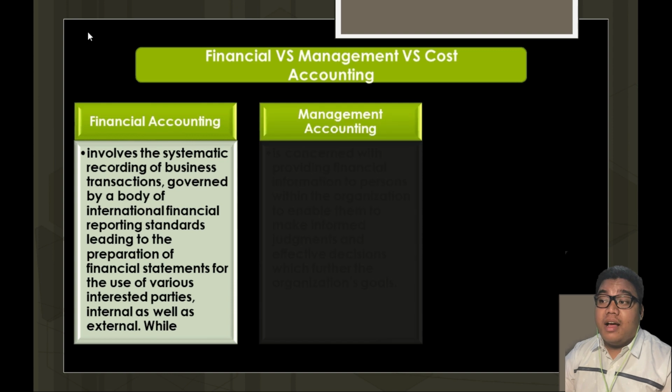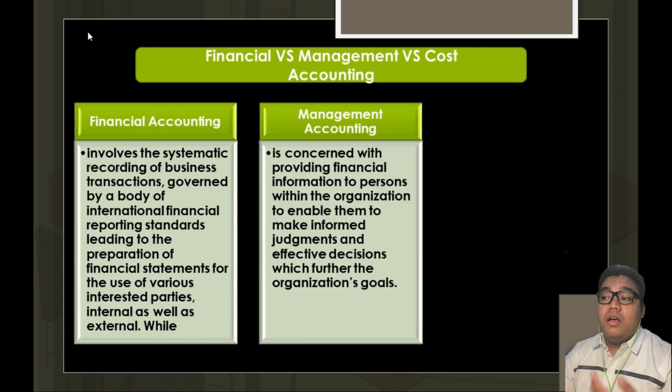While management accounting is concerned with providing financial information to individuals within the organization for them to make informed judgments and to decide for the company. So our goal in management accounting is to have that information provided to the decision makers or the key personnel of the organization, so that they would have informed decision making processes.